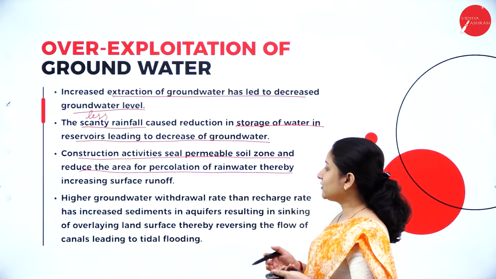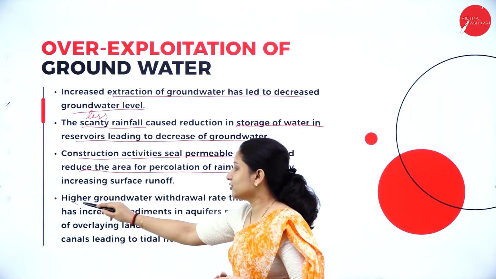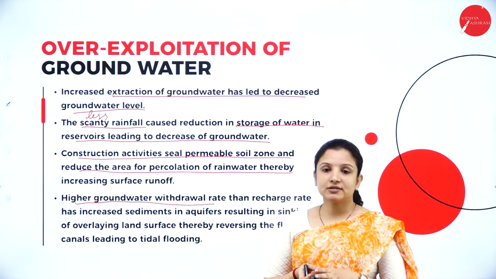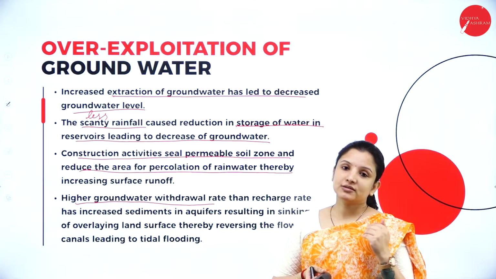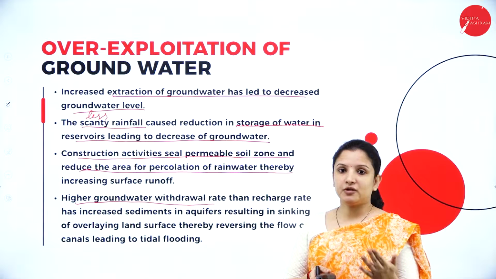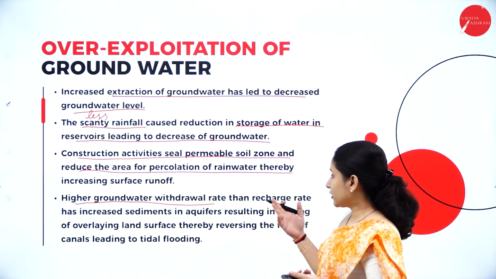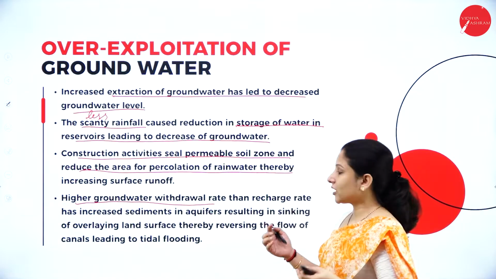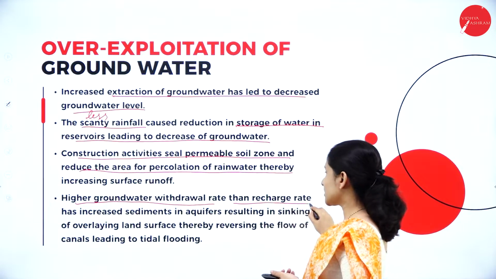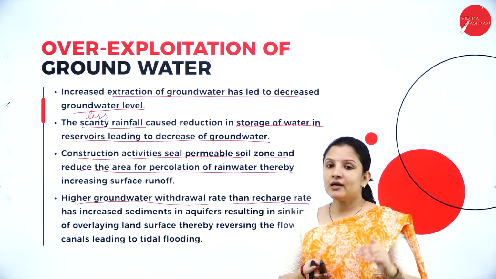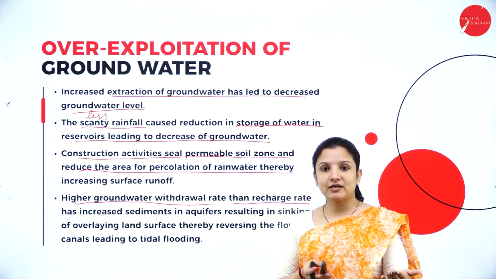And then, the higher groundwater withdrawal rate. I told you, nowadays, more than depending on surface water, groundwater is used for agricultural purposes on a large scale. Therefore, the groundwater withdrawal rate, or the use of groundwater, is higher than the recharge rate. Here, rainfall is scanty, but the use of groundwater has increased.